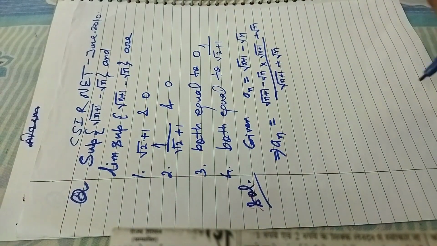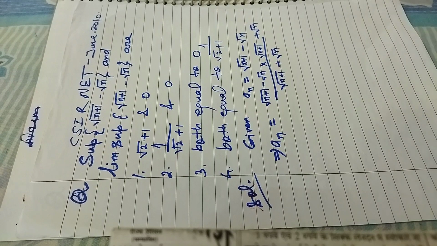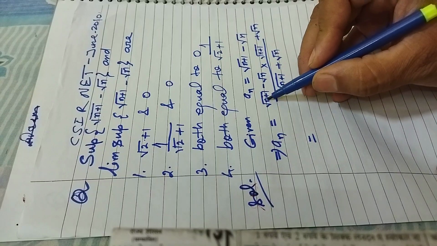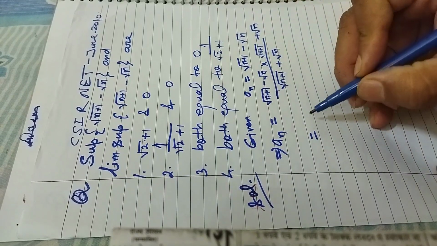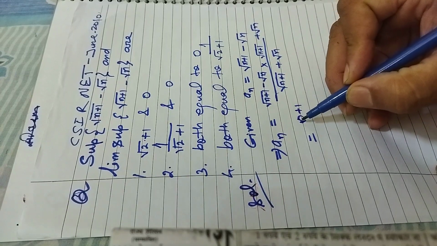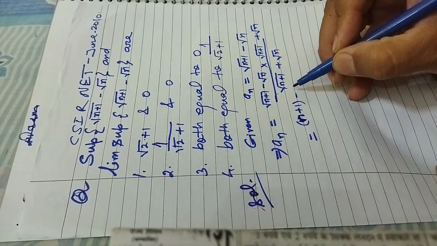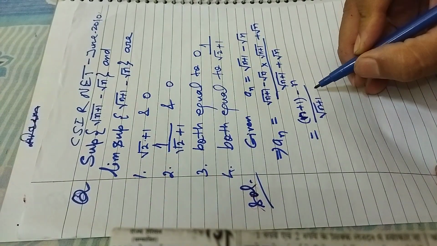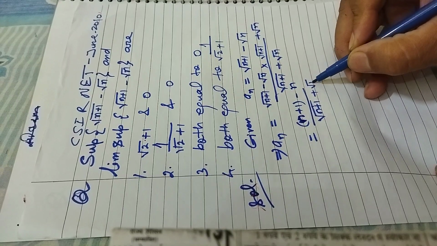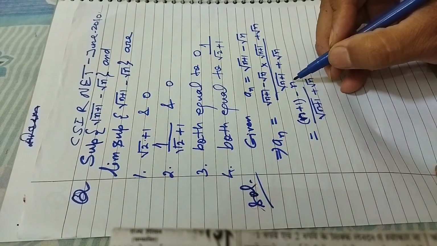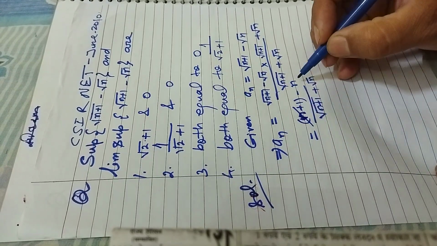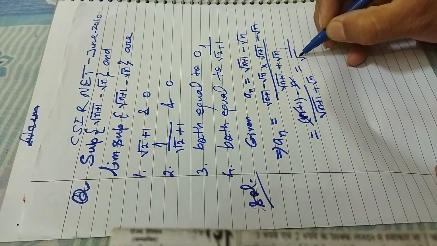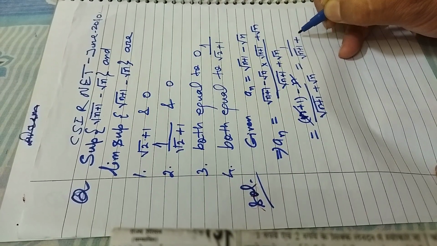That means we rationalize the sequence, and a minus b into a plus b becomes n plus 1 minus n upon root n plus 1 plus root n. N and n cancel out, and it will be equal to 1 upon root n plus 1 plus root n.